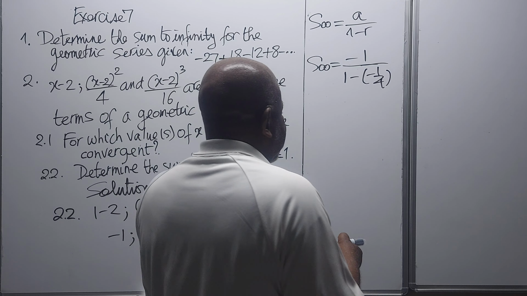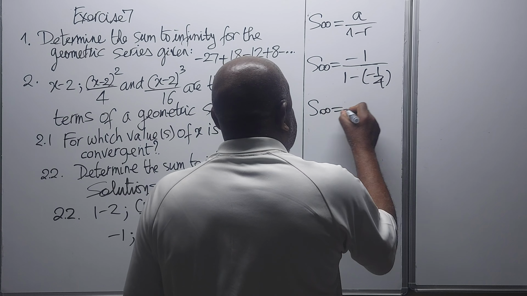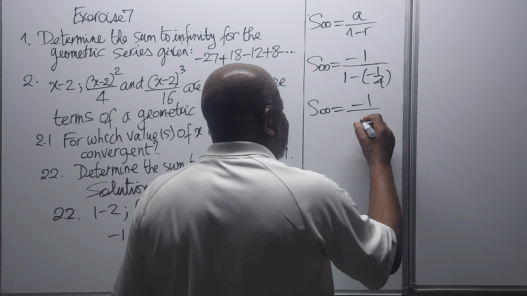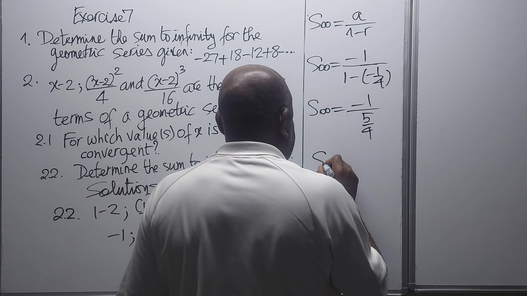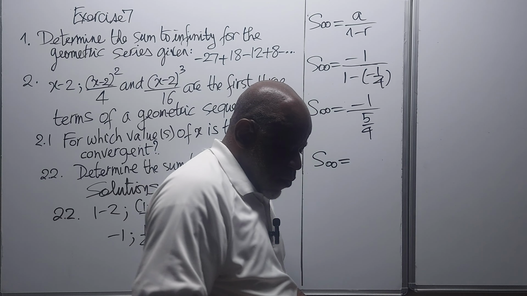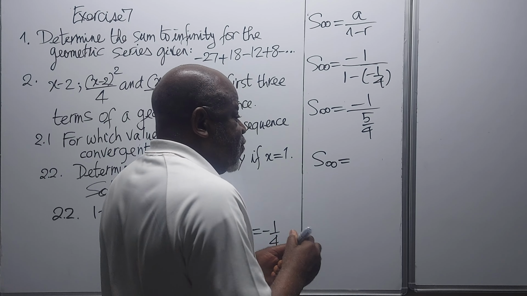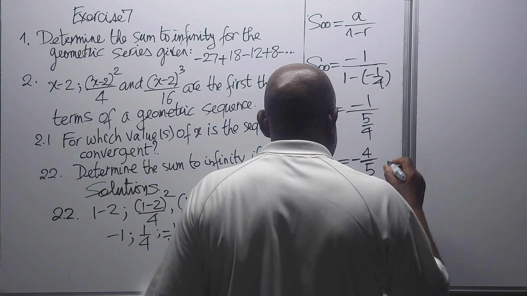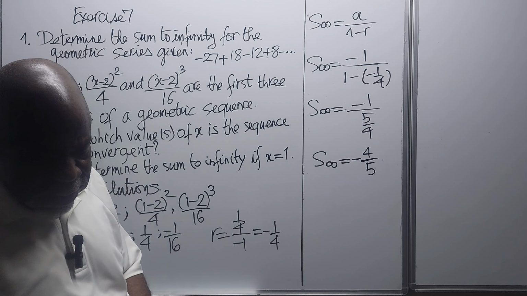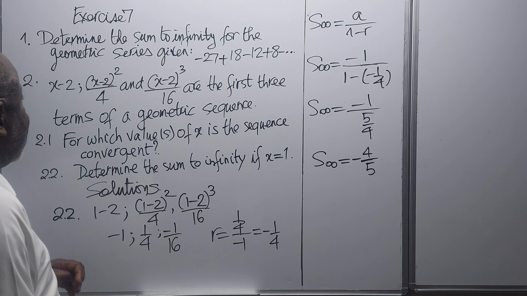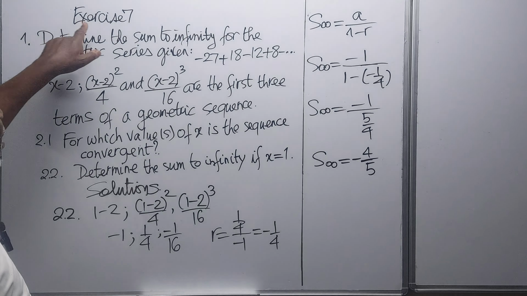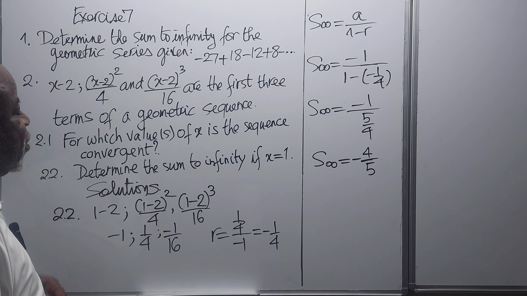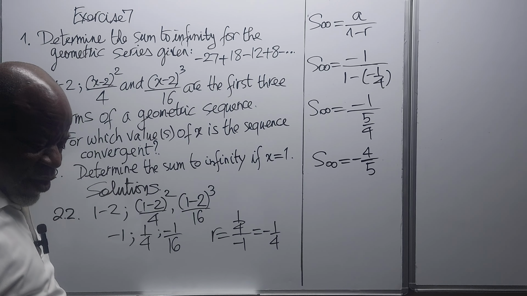Down here we'll be having 1 plus 1 quarter, and it's going to get 5 over 4. So the sum to infinity will be equal to negative 4 over 5. Then we are done with the first two exercises under exercise 7. We're going to clean the board and take the third one under exercise 7.